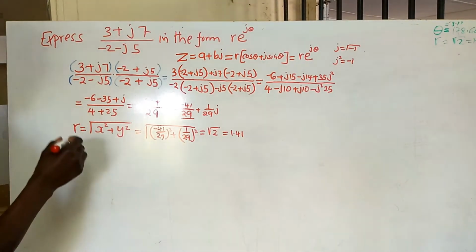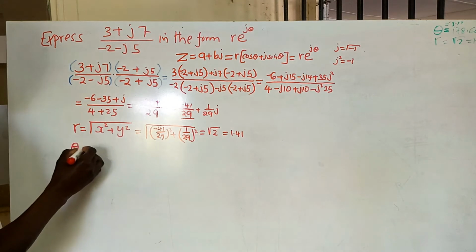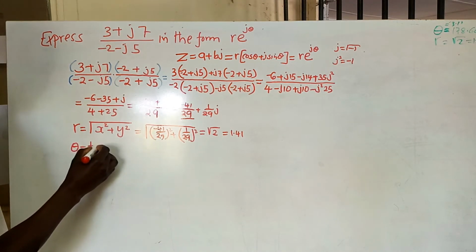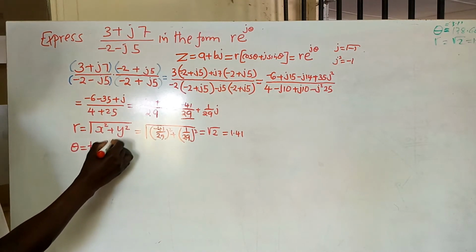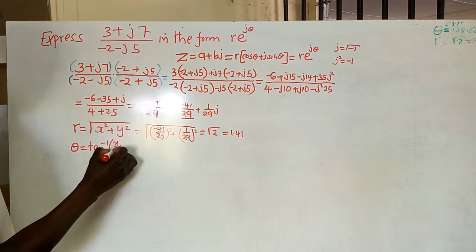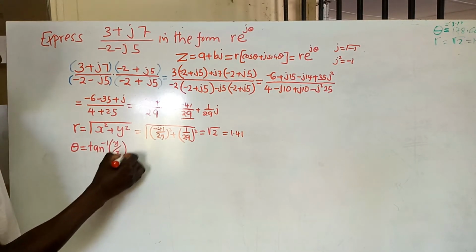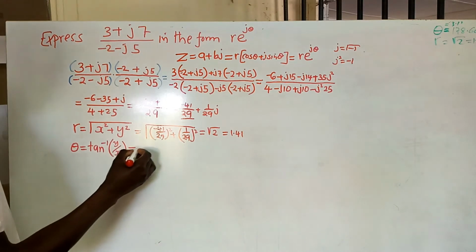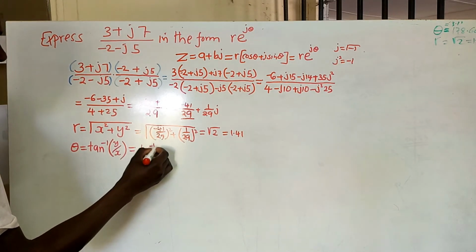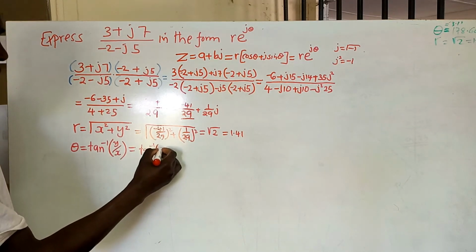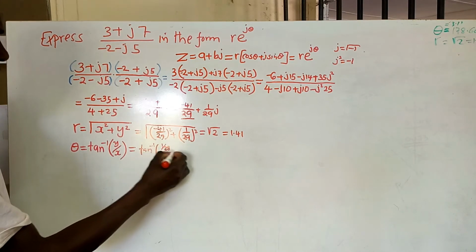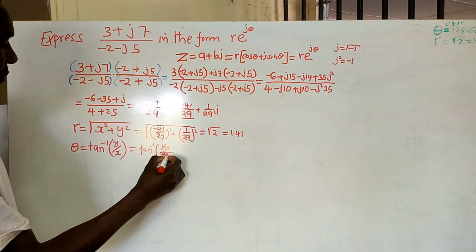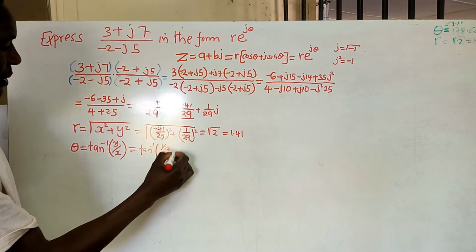Now to get the argument, we need to be a bit careful there. To get the argument, first we get it as the tangent inverse of y divided by x, which is like b over a. So this one gives us the tangent inverse of 1 over 29 divided by negative 41 over 29.